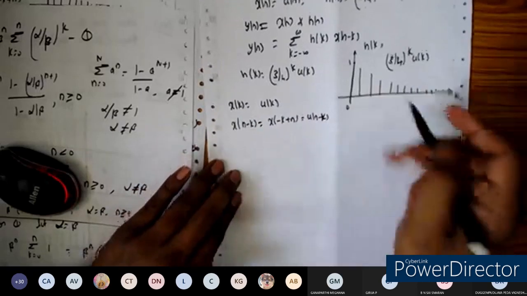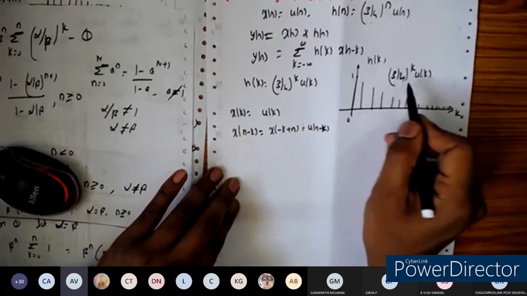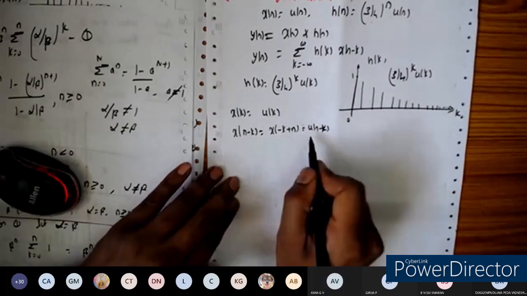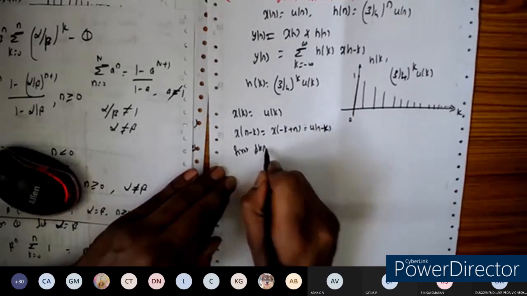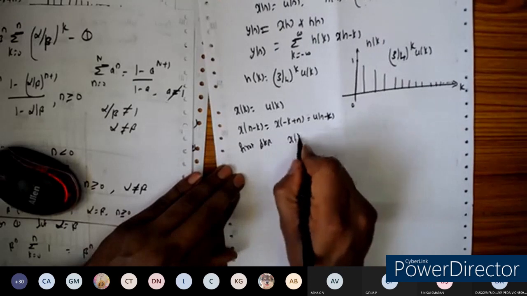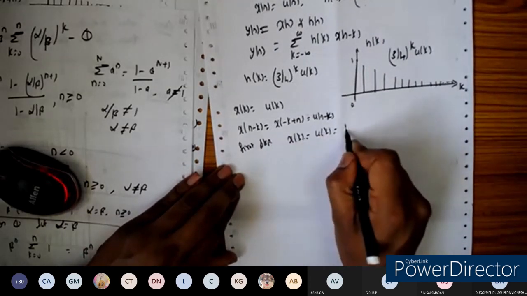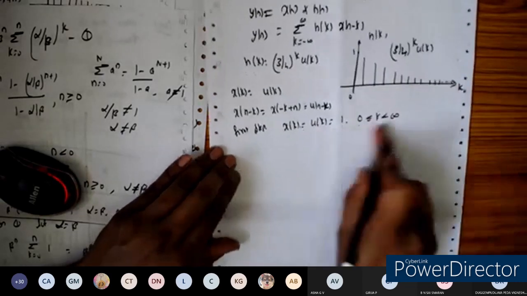Any doubts in drawing the waveform for h of k? No, sir. Okay, fine. So I'm going to draw the waveform for x of n minus k in the first step. First I'm going to draw the waveform for x of k. So x of k is nothing but u of k. This has the value 1 from 0 up to k less than infinity.